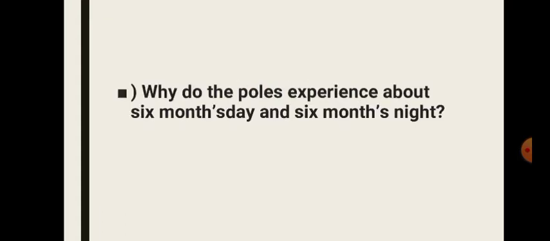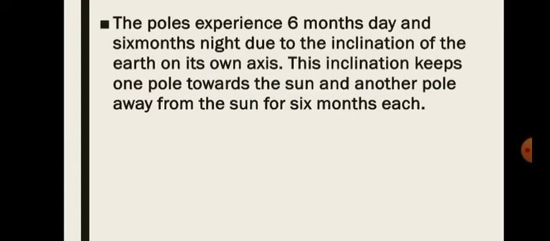Why do poles experience about 6 months day and 6 months night? Poles experience 6 months day and 6 months night. What is the reason? The poles experience 6 months day and 6 months night due to the inclination of the earth on its own axis.